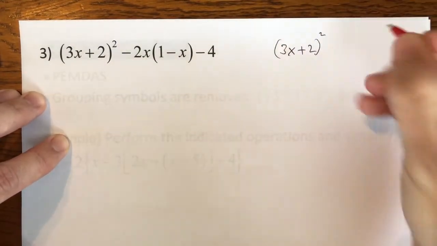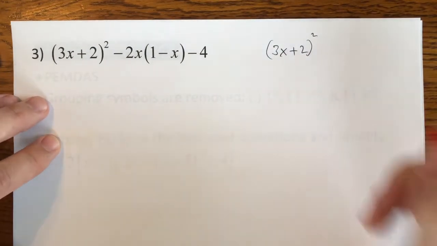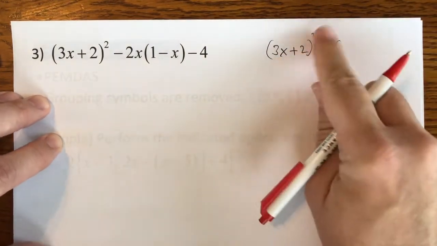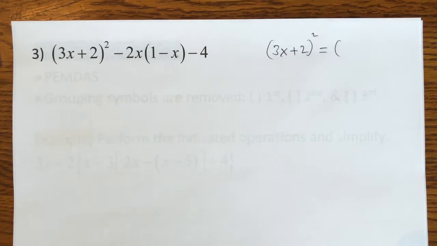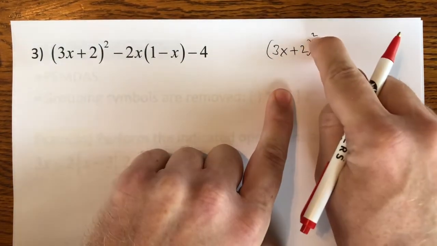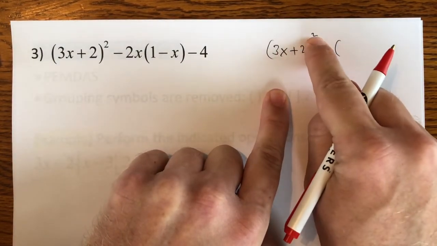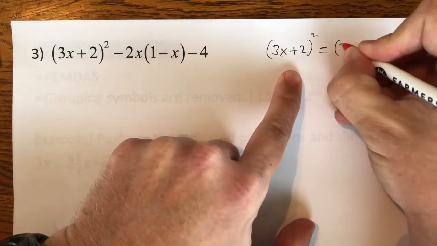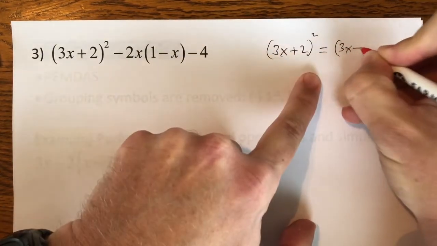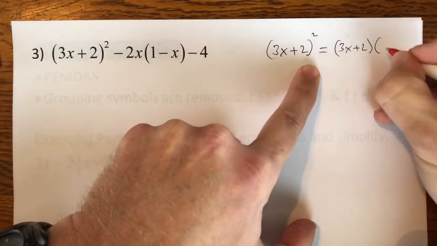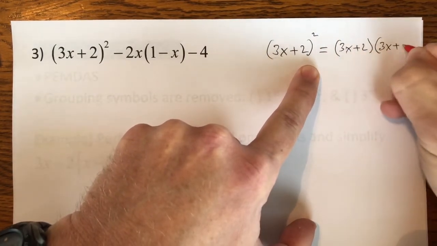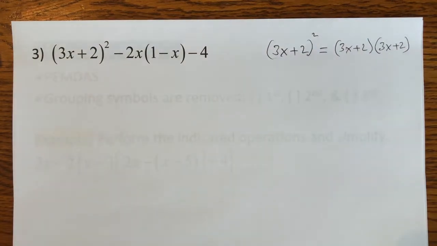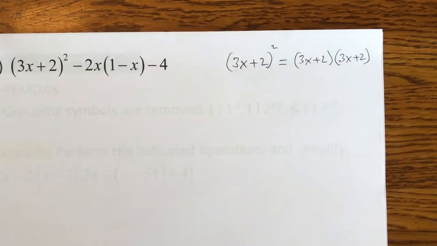What this means is what? We talked about it at the very beginning. If you have a base to the nth power, your n is 2 this time, that means you're going to write this base down that many times. So it literally means 3x plus 2, that quantity, times the quantity of 3x plus 2.